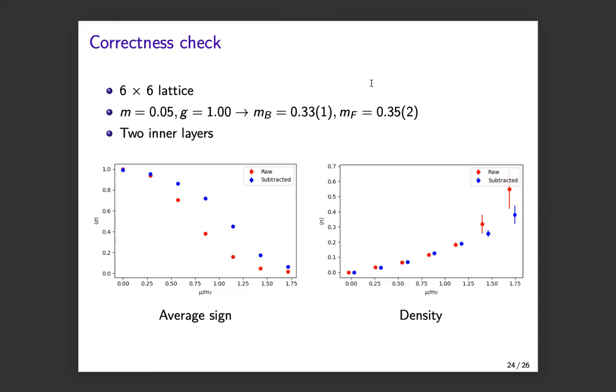But by doing this subtraction, you can at least pull up the average sign a little bit, which helps you compute the expectation values with smaller error bars. We also checked that either with no subtraction or with subtraction, I get the same number density for the Thirring model. So at least the method is giving you the correct physics.